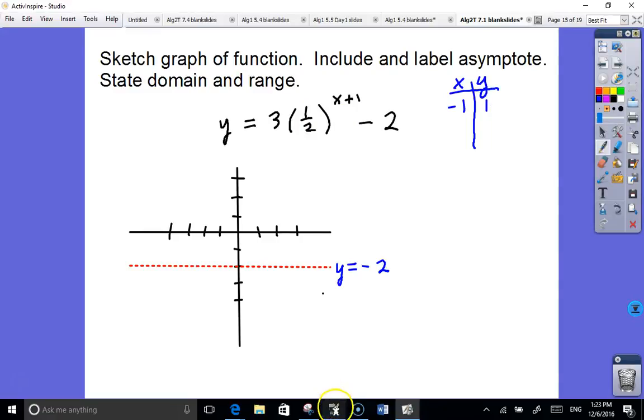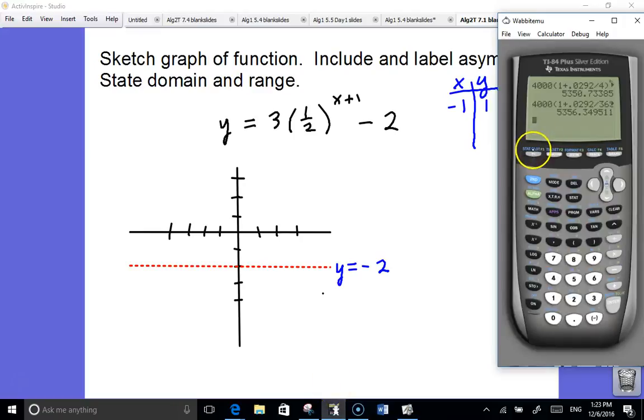You could always just go to your calculator and put that function on the first line. Clear. So let's make that 3 times 0.5 raised to the x plus 1 minus 2.